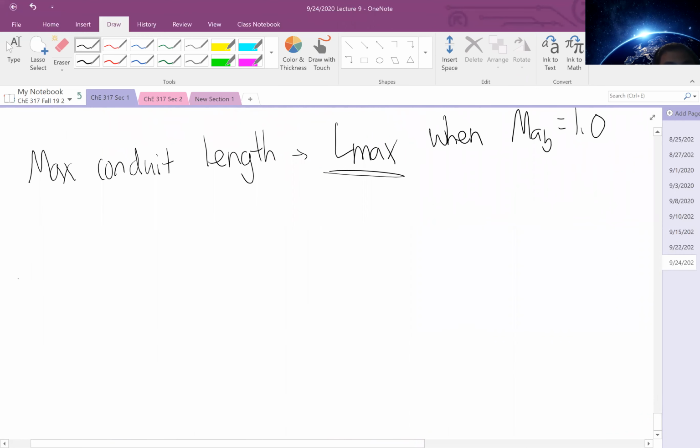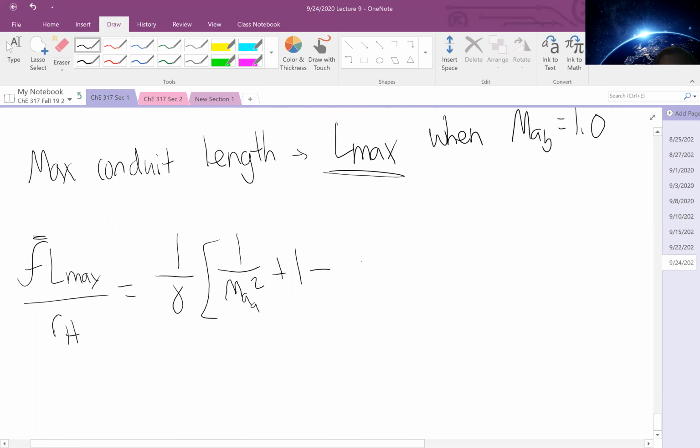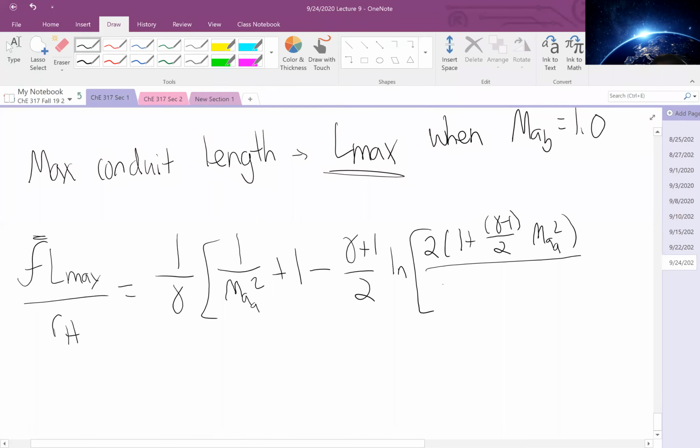for my system. And I end up with F times L max over RH is equal to 1 over gamma times the quantity 1 over my inlet Mach number squared plus 1 minus gamma plus 1 over 2 times the quantity Ln of 2 times 1 plus gamma minus 1 over 2 times my initial Mach number squared, divided by my initial Mach number squared times gamma plus 1 over 2.